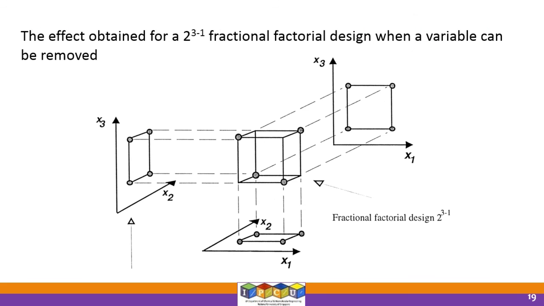So and if you have, let's say this is a 2 to the power of 3 minus 1 design. This is what I'm showing here because you have 3 factors, right? The cube, you have 3 factors, and you're doing only 4 experiments represented here, right? So let's say this is x1, this is let's say x2, and going from top to bottom is x3.